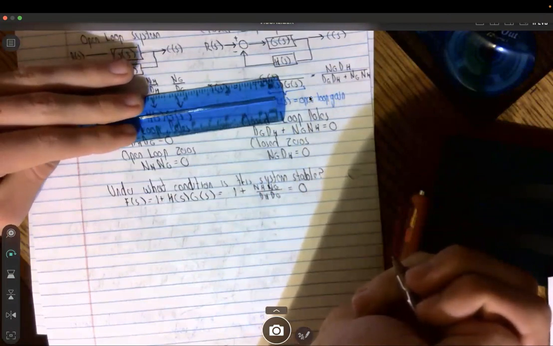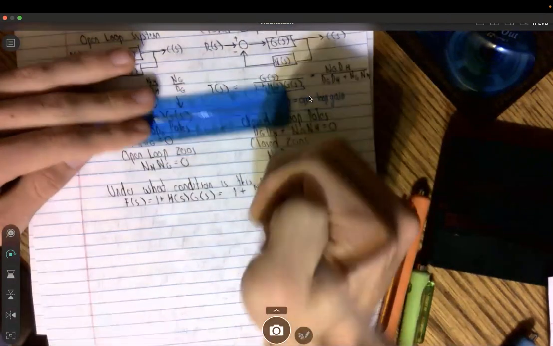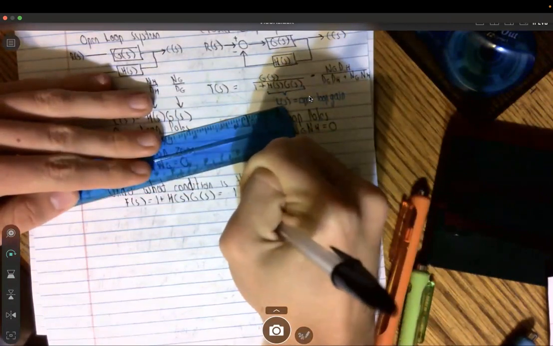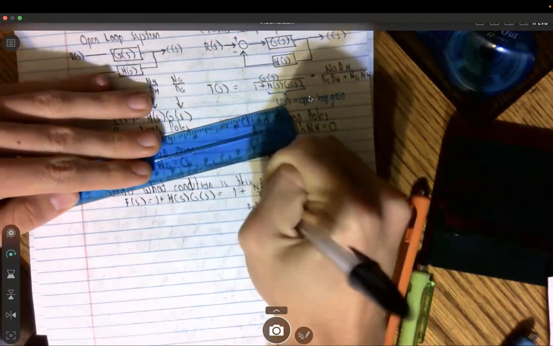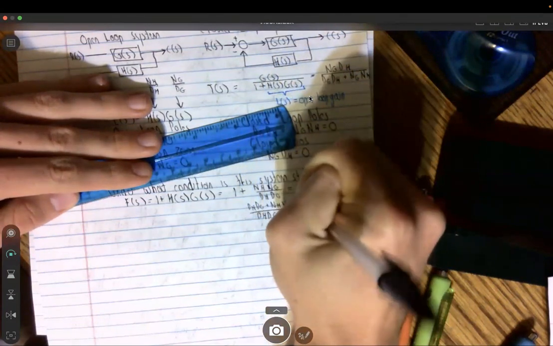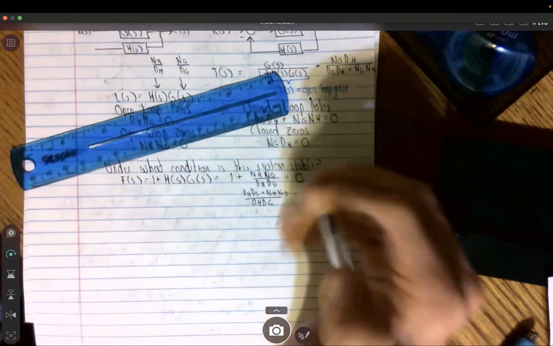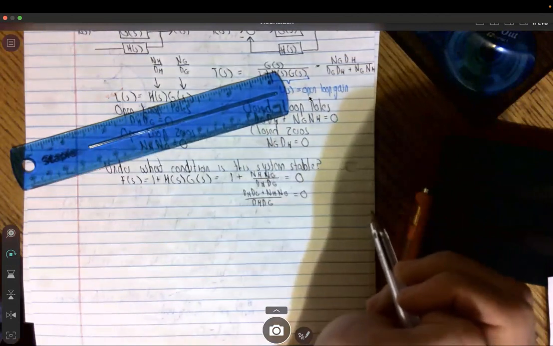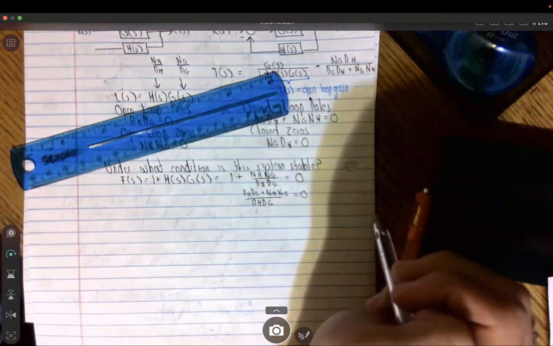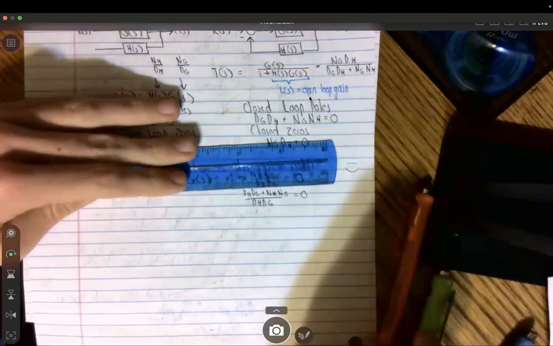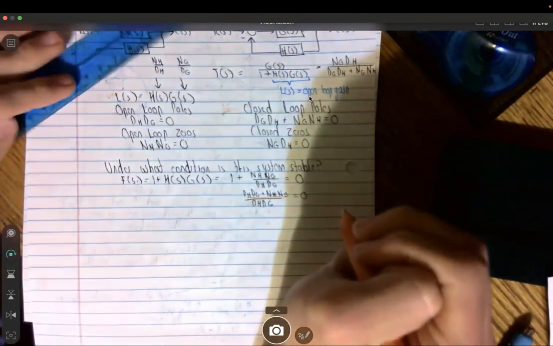So if we get a common denominator of D of H D of G, we have D of H D of G plus N of H N of G is equal to 0. The zeros of F of S, when this is set equal to 0, isn't this the exact same thing as the closed loop poles?